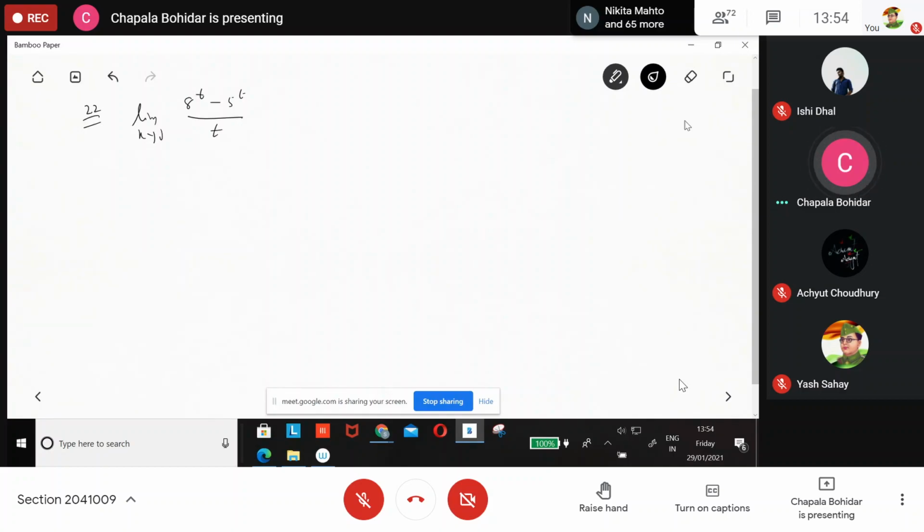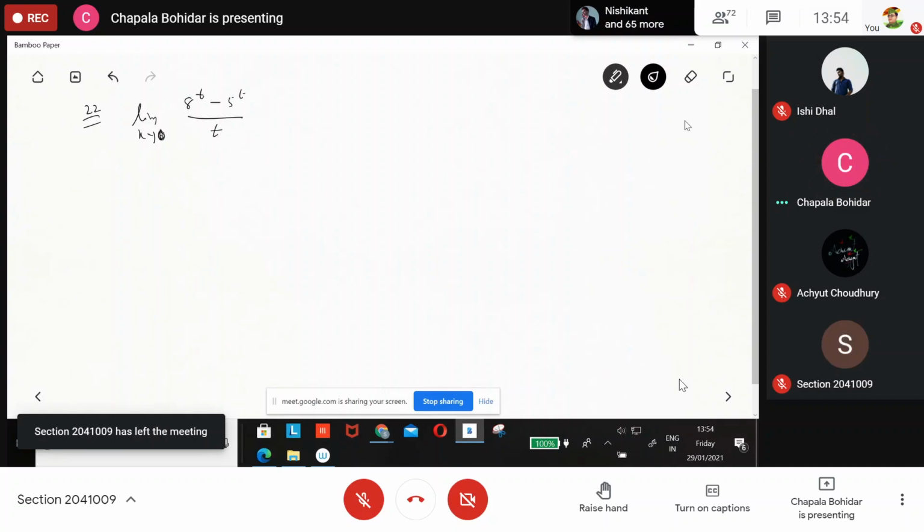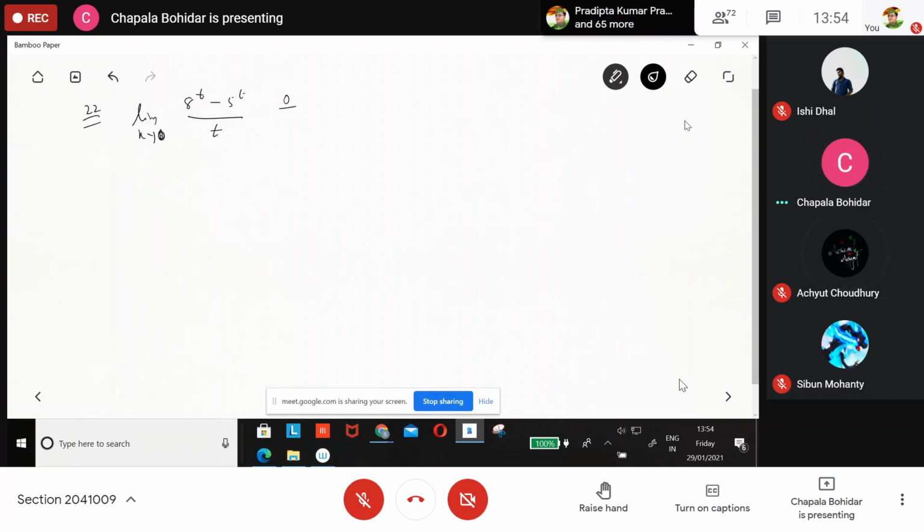Which form? Limit t tends to 0, it is in which form? 0 by 0. Very good. Then apply L'Hospital rule. Clear?